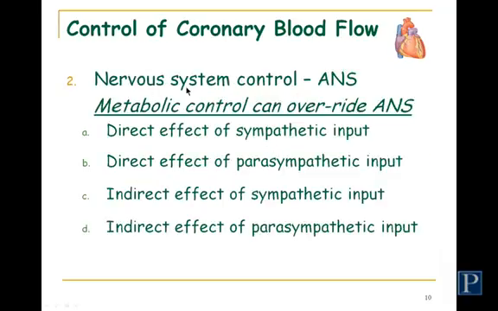Well, let's look at the nervous system control, the ANS, autonomic nervous system. You have here direct effect of sympathetic input, direct effect of parasympathetic input. So let's explain what this means. You have those adrenergic receptors on coronary blood vessels. The direct effect of sympathetic input, if it found an alpha-1 adrenergic receptor, would be to vasoconstrict the vessel.